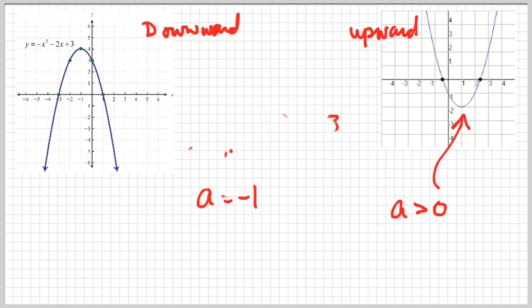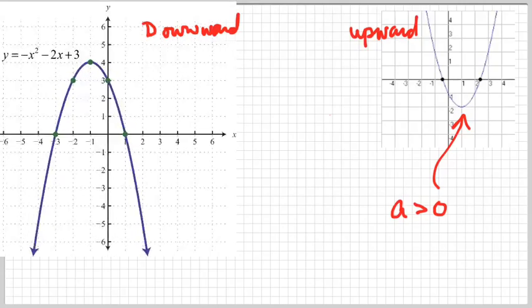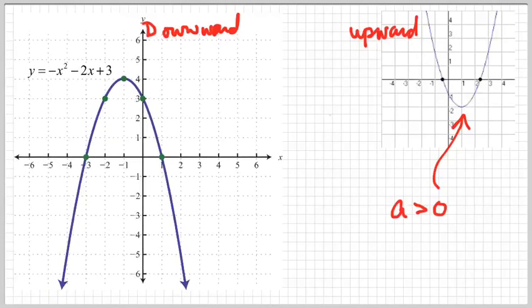Now, some of the parts of the parabola. First thing, let's point out this point right there. Let's go ahead and make that graph a little bit bigger so you can see it. This point right there crosses the y-axis, so that's a y-intercept. It's going to be helpful when we try to graph these things.